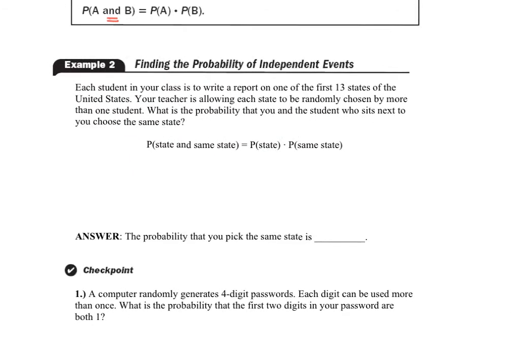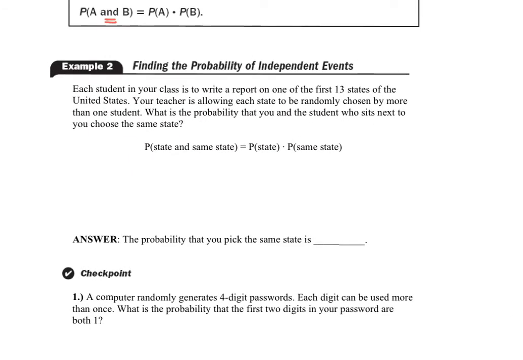Okay, so again, because it's probability, notice we have our label. It's the probability of the same state getting chosen. So it doesn't really matter what the state is. Let's say, what's the probability you choose Massachusetts? Well, the probability that you choose it is 1 out of 13. The probability that the person next to you chooses it is also 1 out of 13.